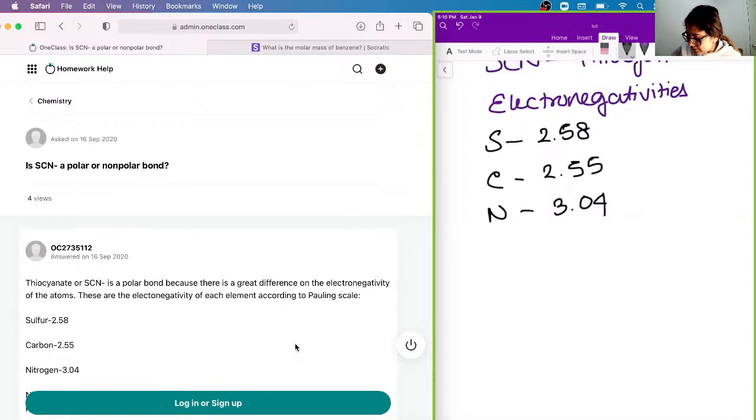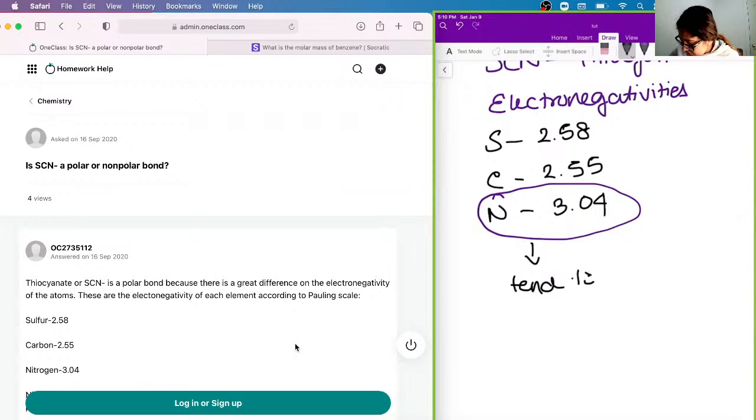We can see that nitrogen has a higher electronegativity, so it will tend to pull electrons closer to itself. This happens in a polar bond where one atom tends to pull the electrons closer to itself from the other elements.